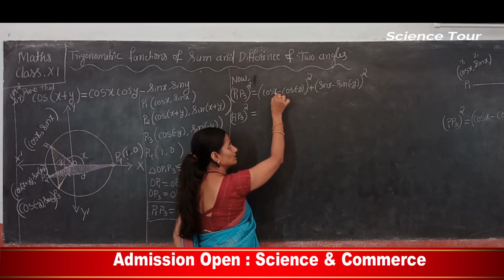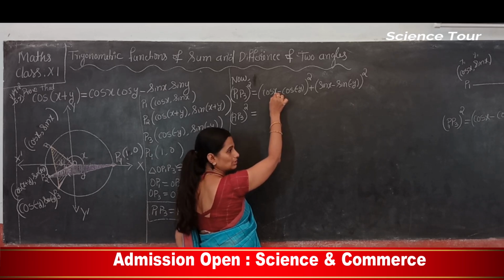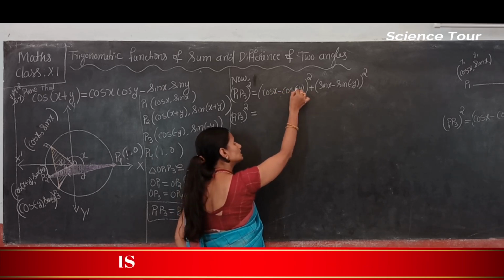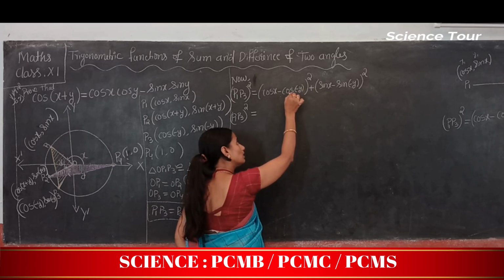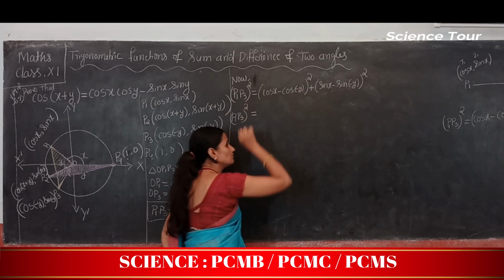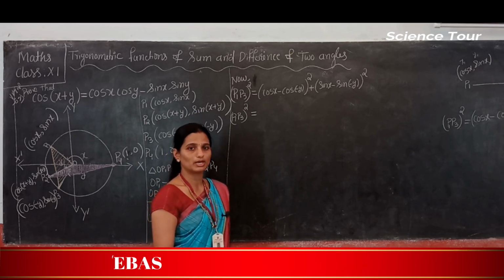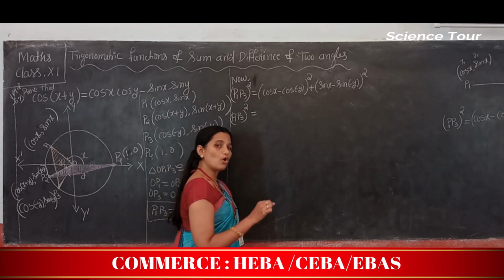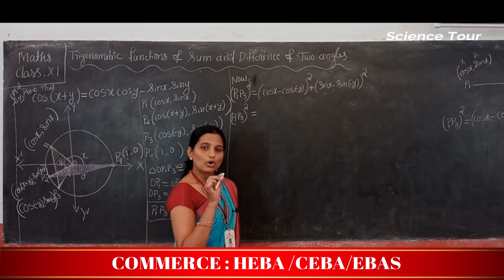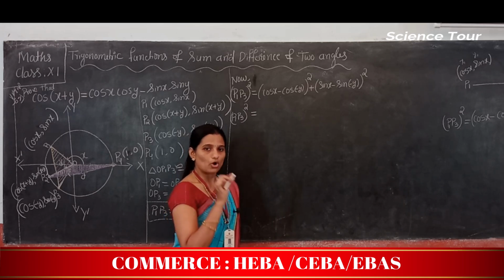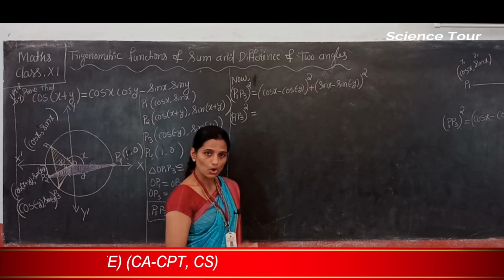cos x, the x angle is positive. Next is cos of minus y. You know the formula: what is the value of cos of minus y, or cos of minus x? Cos of minus x is cos x.